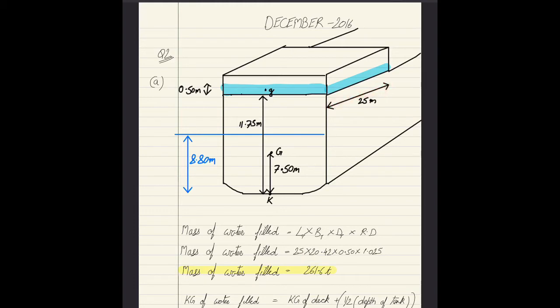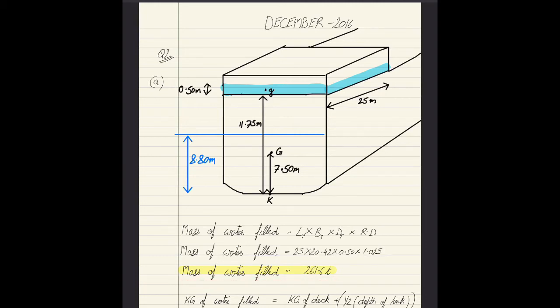The breadth of the tank is 20.42 meters, and this has been derived from the stability data booklet because it says that the width of the tank extends the full breadth of the vessel. The depth is 0.50 meters, which is this value, and the relative density of salt water is 1.025. So when we solve this, we get mass of water filled as 261.6 tons.